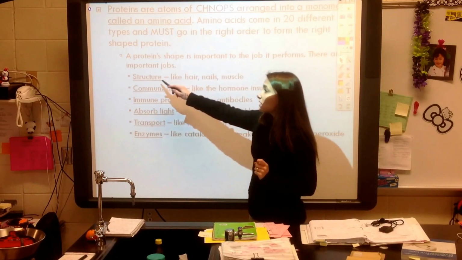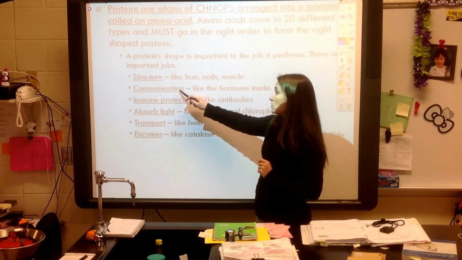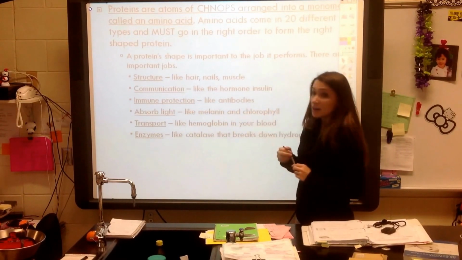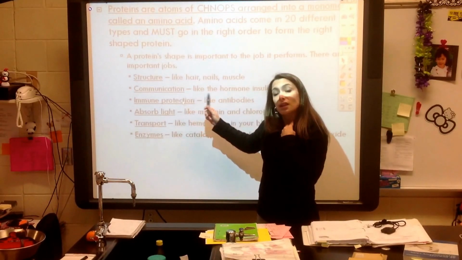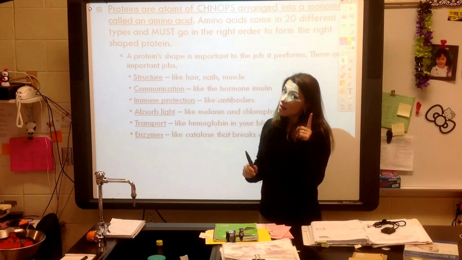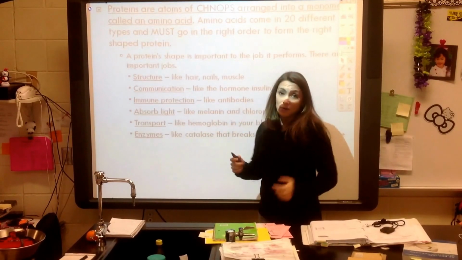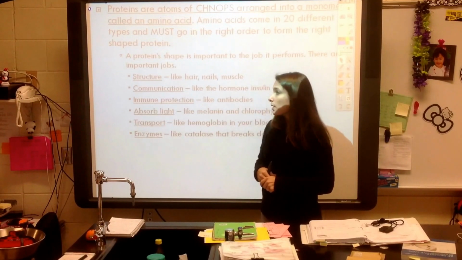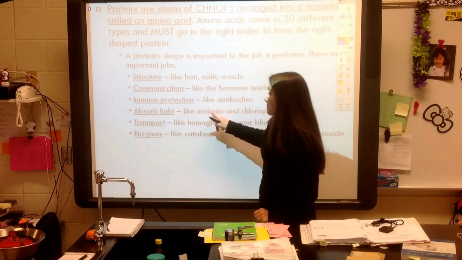They help create structure, like hair and nails. They help us communicate, like the hormone insulin. They provide immune protection, like antibodies, not antibiotics that kill bacteria. Antibodies are proteins inside of your body. They absorb and reflect light, like melanin.